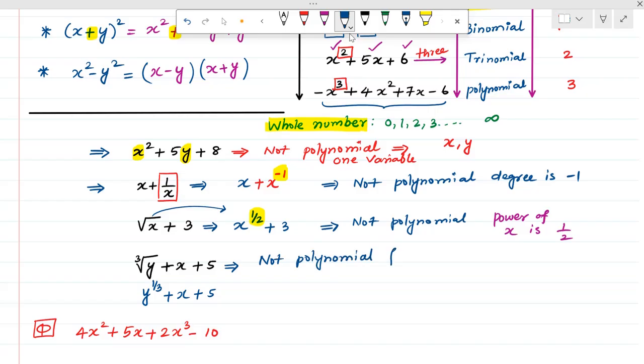The first reason is that the y power is a fraction. The y power is 1 over 3. This is one of the reasons. The second reason is that it is not a polynomial of one variable, because you have two variables, x and y. This is a two variable, not a one variable. So it is not a polynomial of one variable.